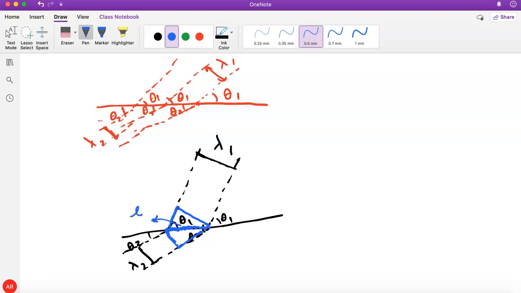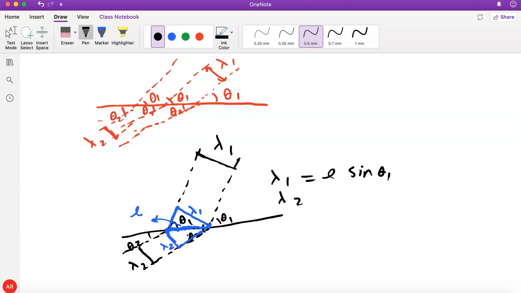And now from here to here, I have lambda 1, normal to the wavefronts. From here to here, I have lambda 2. So the equations I can write are: lambda 1 is opposite an angle theta 1, so it's L sine theta 1.